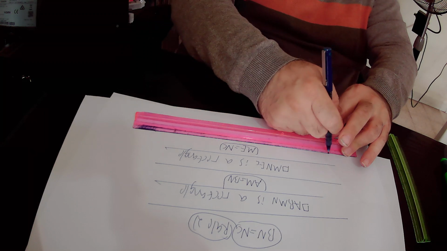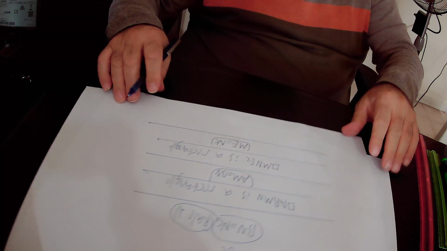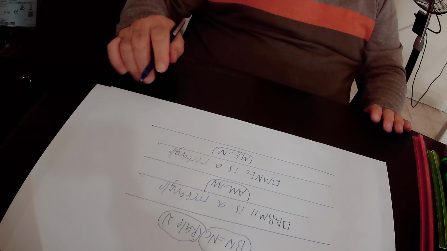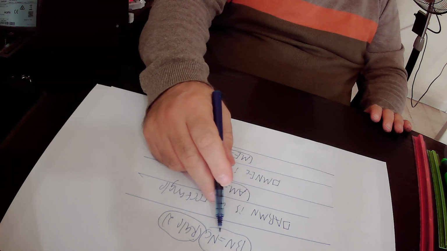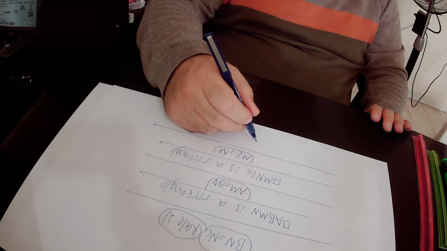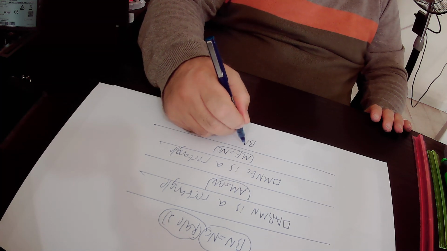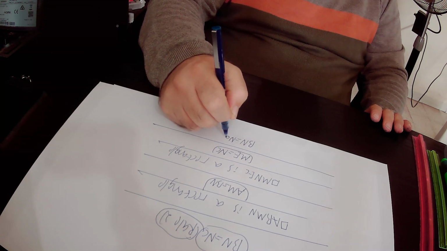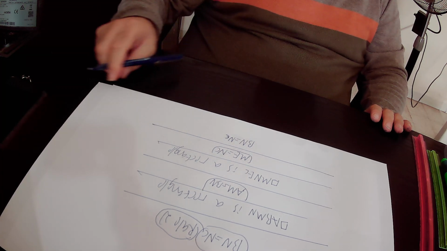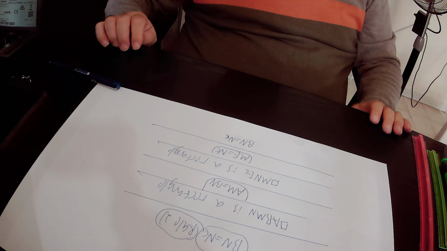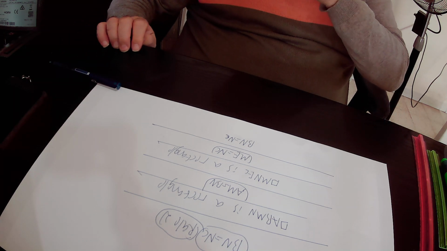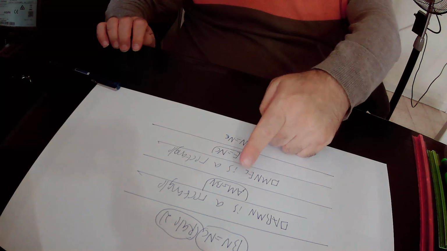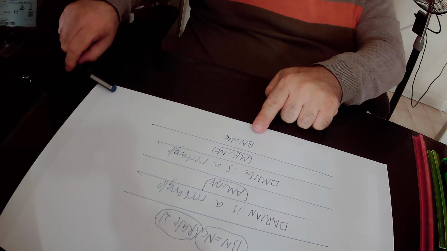So we can summarize what we did until now. First of all, according to rule number 2, BN equals NC. And according to the rule that the opposite sides of a rectangle are equal, BN equals AM.